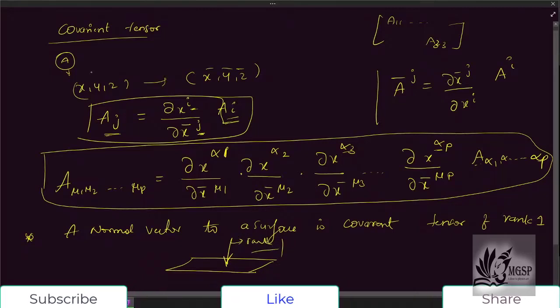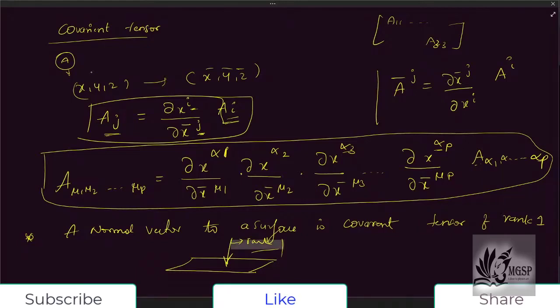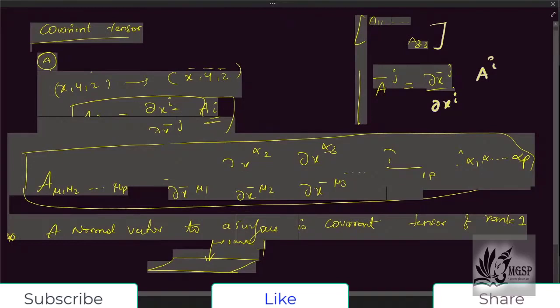Suppose, let's see some example, because if you go on with theory here, it will take time. I will go for an example now.